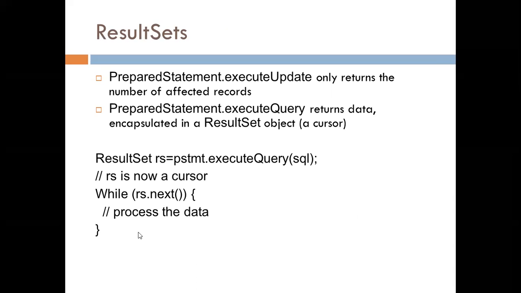On rs we will extract each row, rs dot next. So rs will first point to the first row in the result, next will take us to the next row. Until all the elements are iterated, we can put the entire thing in a while loop. Then further how to extract each column value, we shall look into it.